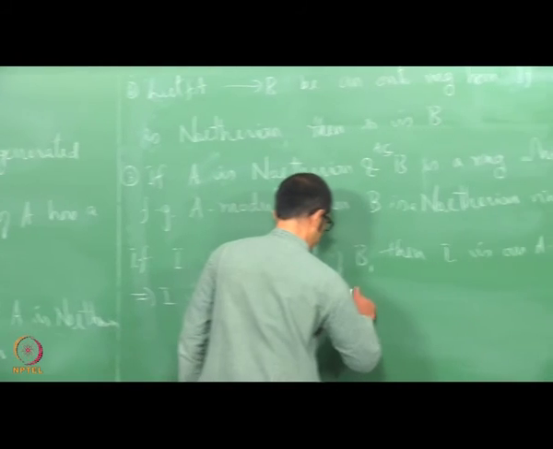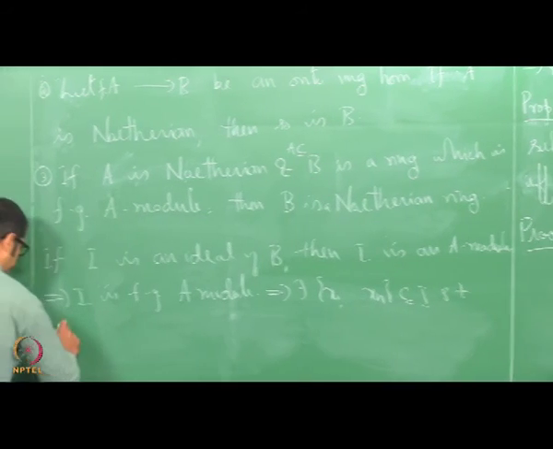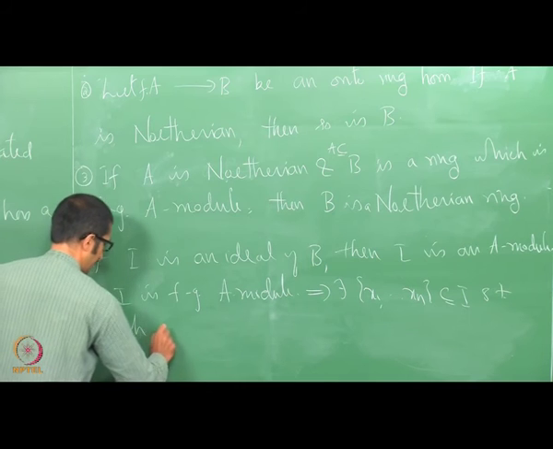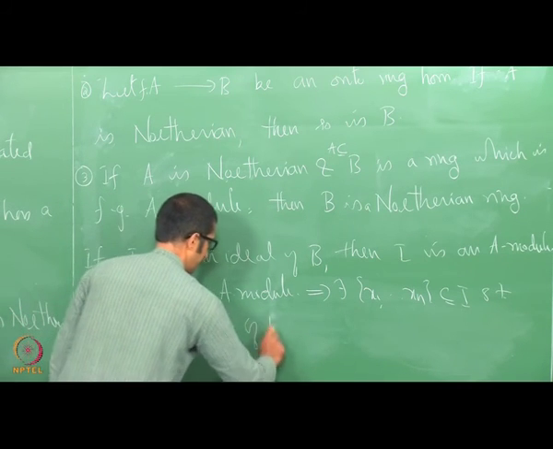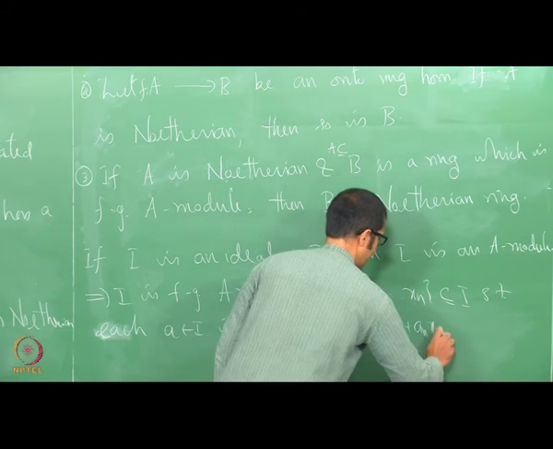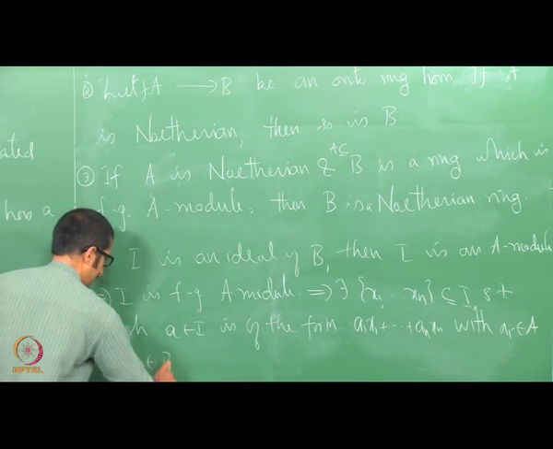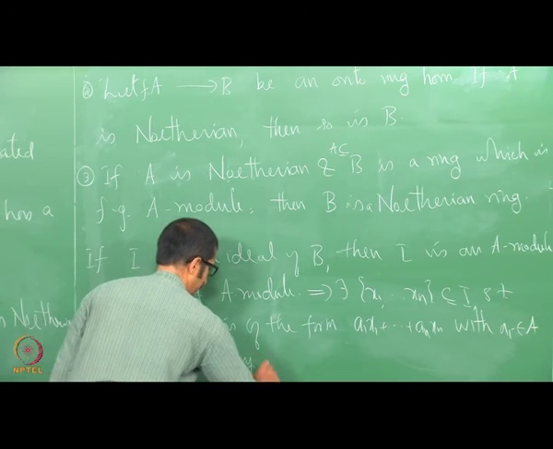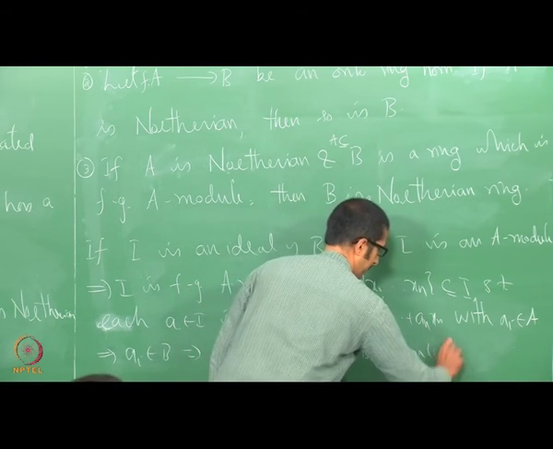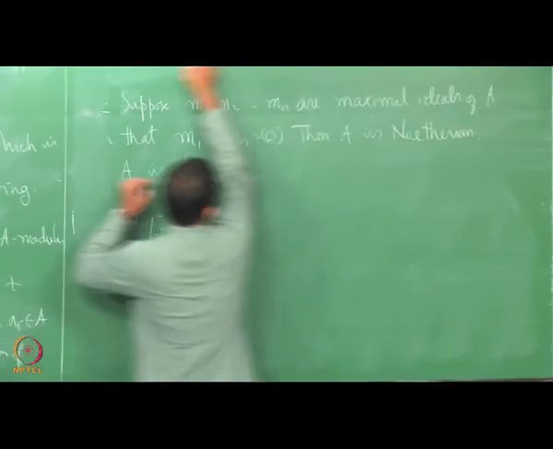So there exist x1, ..., xn in I such that each element of I is of the form a1 x1 plus etc. an xn with ai in A, which implies the ai's are in B, and that implies every element of I is a B linear combination of this same set x1 up to xn.